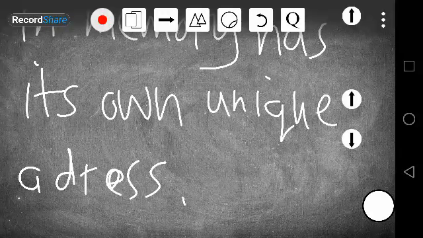So there are several ways for programs to refer to these addresses. These methods are called addressing modes. Because remember, we have some data that is stored at a specific memory location.